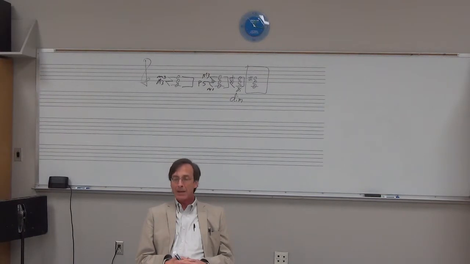D, F sharp, A, E, G sharp, B, A, C sharp, E. Okay? How many black, white, black triads are there? D flat, F, A flat. Yep, E flat, G, B flat. That's right. A flat, C, E flat. That's right. Okay?